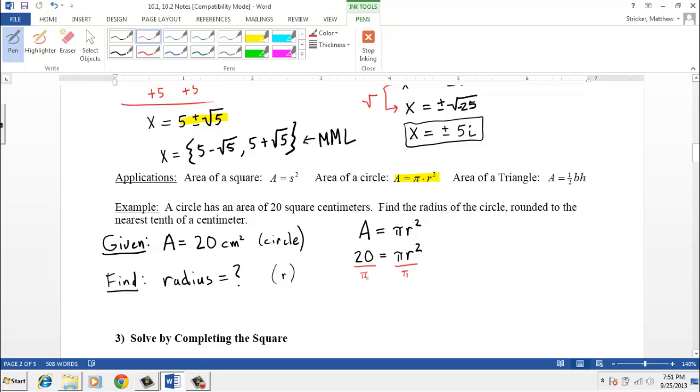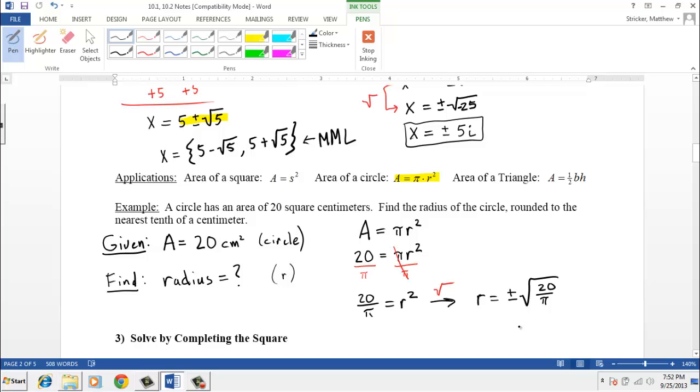So if you divide by pi, pi's cancel on the right hand side, we get 20 over pi equals r squared, which if I apply the square root property, we end up getting that r is equal to plus or minus the square root of 20 over pi.